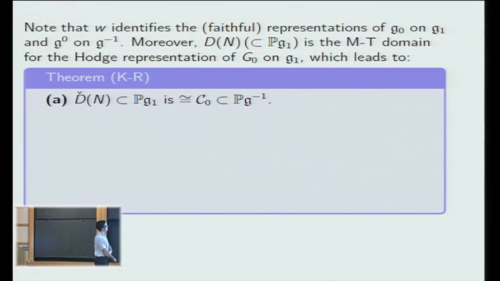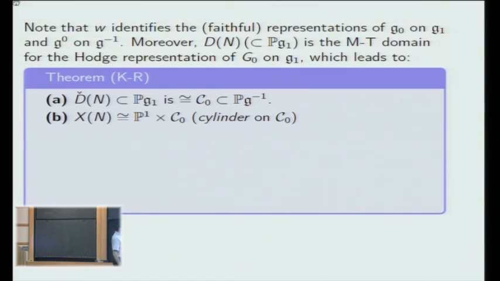So D check of n in P G^1 is isomorphic to the subadjoint variety C_0, the variety of lines in P G^{-1}. So you're identifying the compact dual of the base of this boundary component with this C_0. So that means that X of n, which was this enhanced SL2 orbit, is a cylinder on C_0.